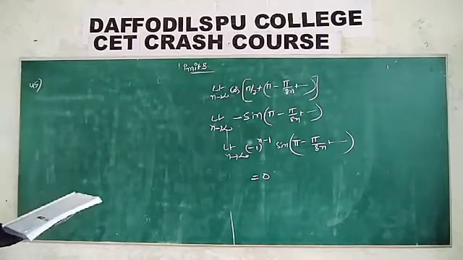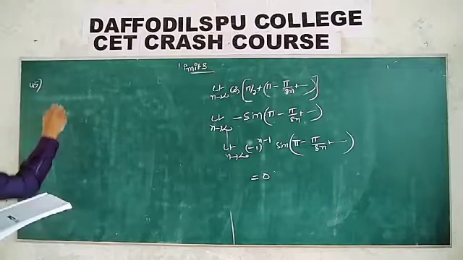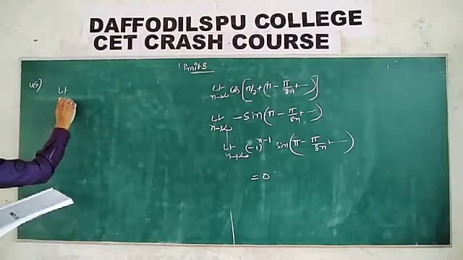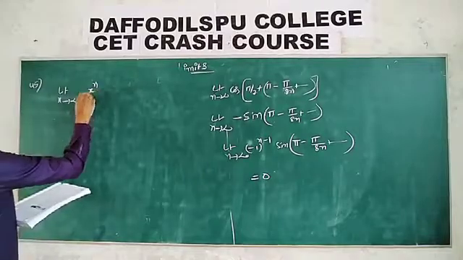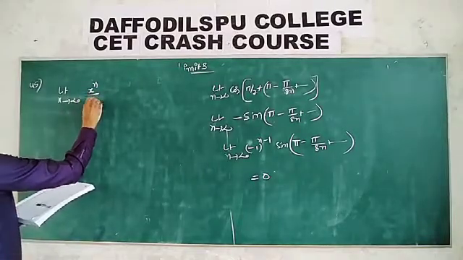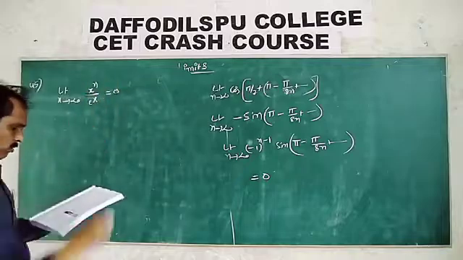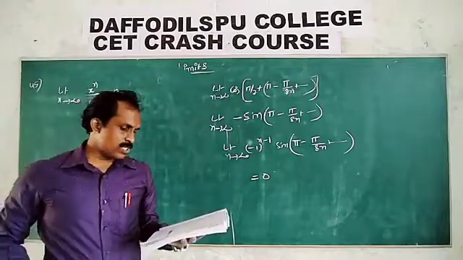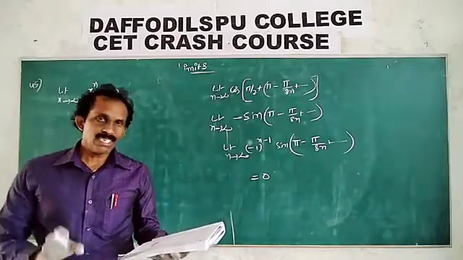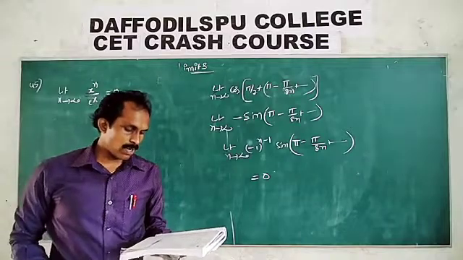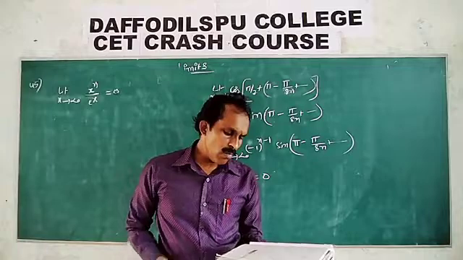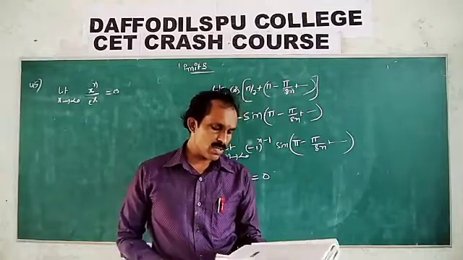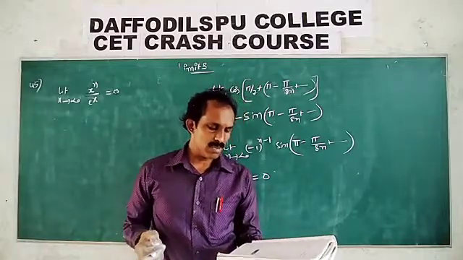Right. Limit x tends to infinity of x^n / e^x is equal to 0. n is some integer. For which values of n does it satisfy: no values of n, all values of n, only negative values of n, only positive values of n.